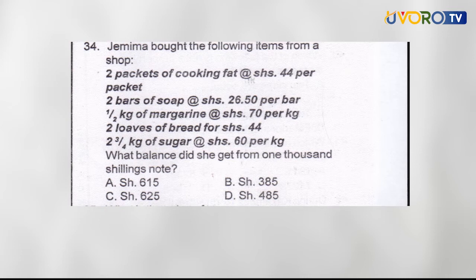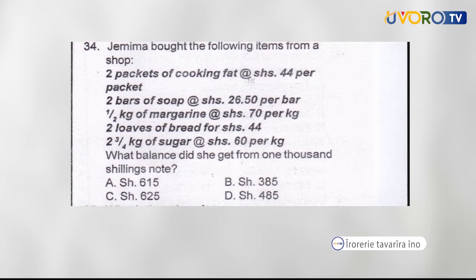There was no sugar in that home, so it was bought, each shillings 60 per kg. You are told, what balance did I get after giving the shopkeeper 1,000 shillings?